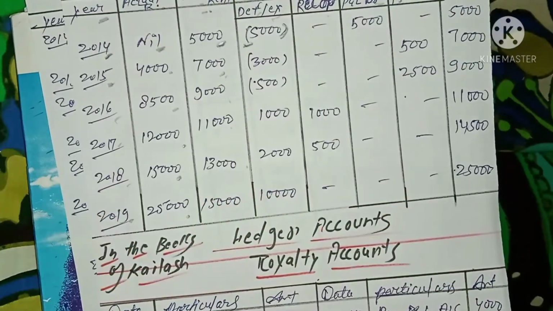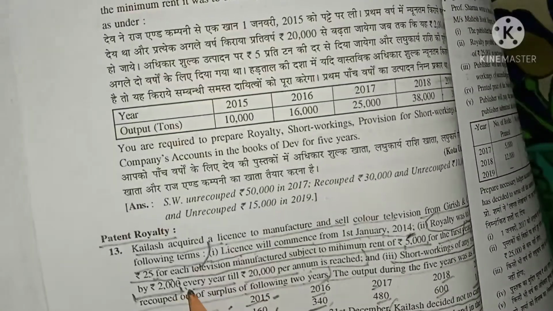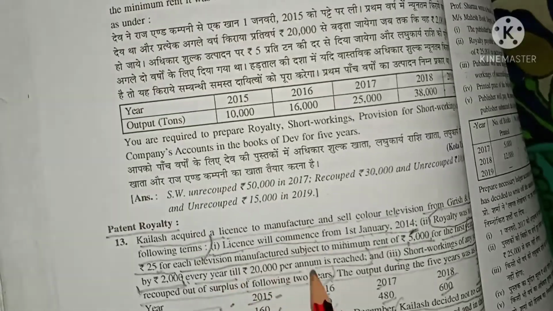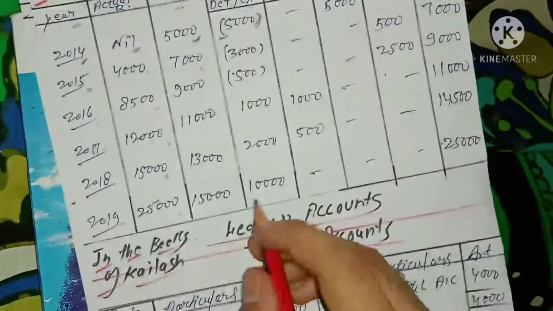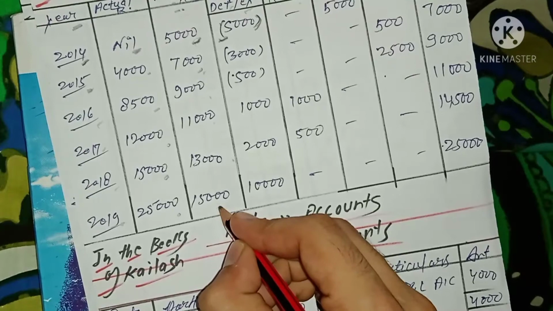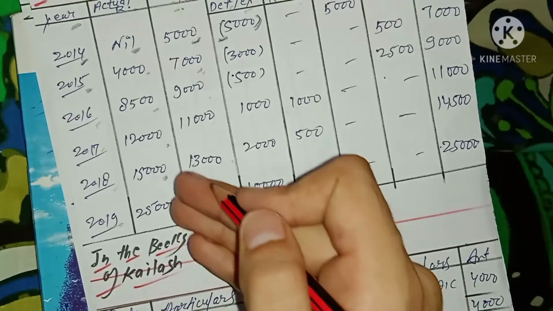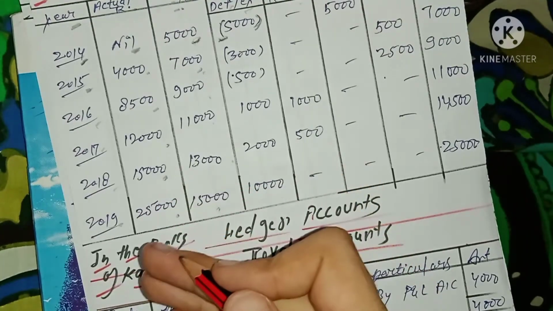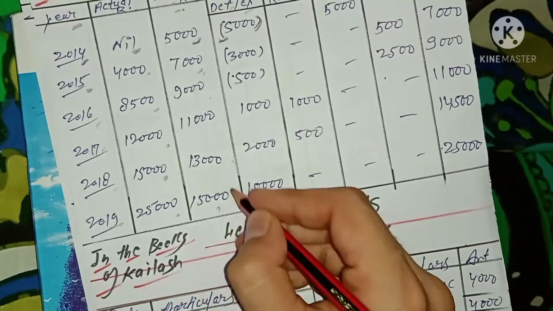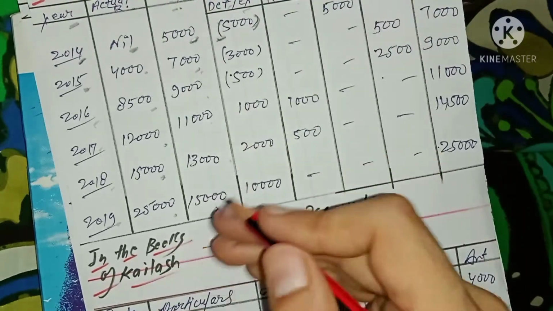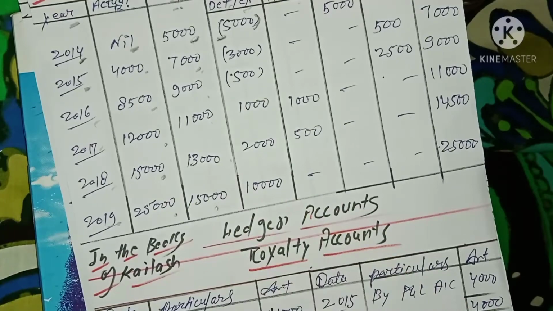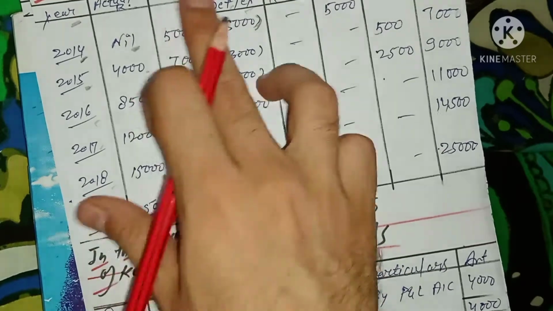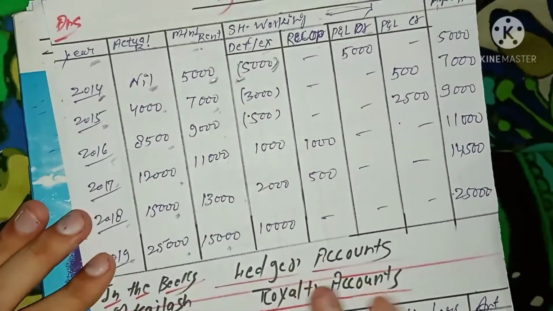It was mentioned at the end of the question that 2,000 is added every year till 20,000 per annum is reached. Here it has only reached 15,000. If any more years were given, we would again add 2,000 each year till 20,000 is reached. So here you can see only 15,000 as minimum rent in the year 2019.